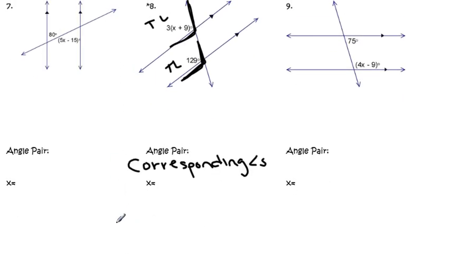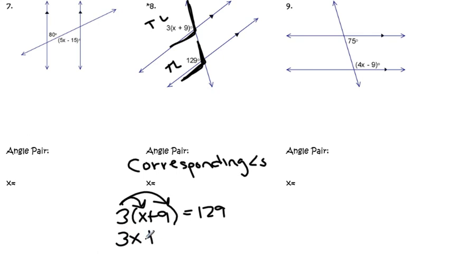So we would say that 3x plus 9 equals 129. The only tricky part with this equation is we're going to need to make sure we distribute the 3 to the x and the 9 before we start solving, subtracting, or multiplying anything. So 3 times x is 3x, 3 times 9 is 27. That's going to equal 129.